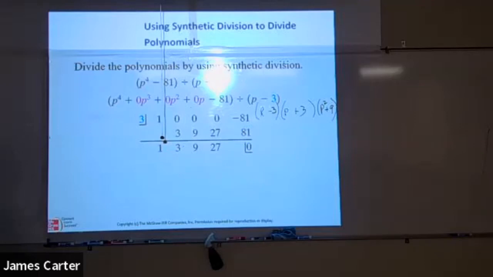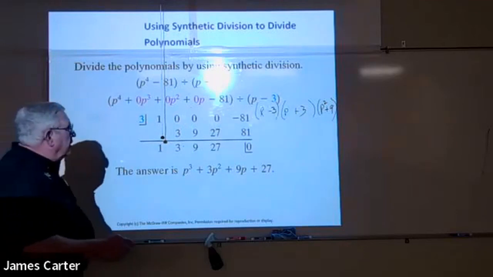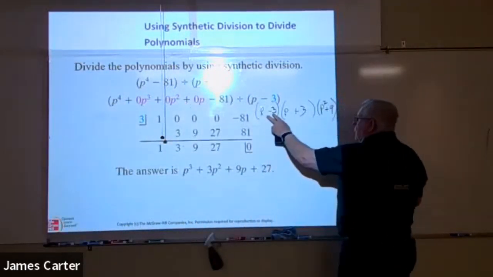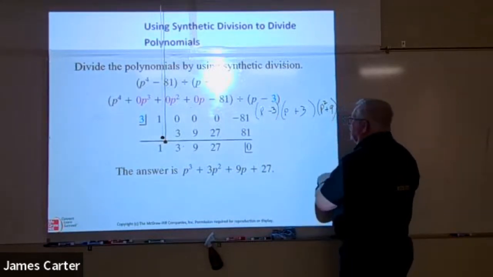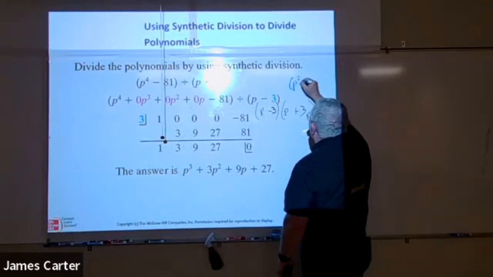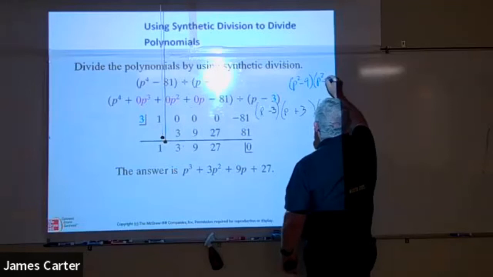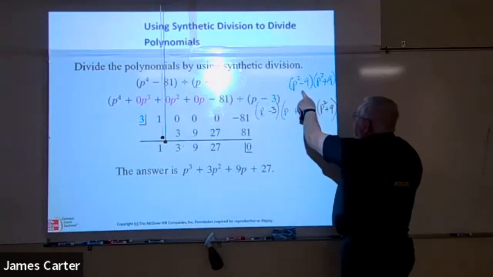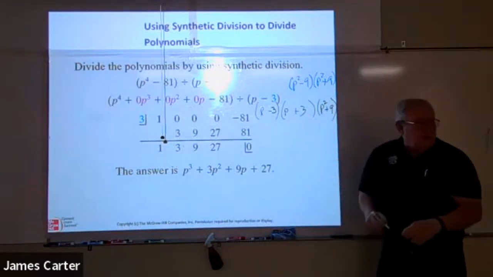Okay, and there you see what I got, resulting in that thing. What have we successfully done? We've taken this factor out. By the way, I skipped a step in here. This actually was p squared minus 9, p squared plus 9, and then this piece further broke down into these two.